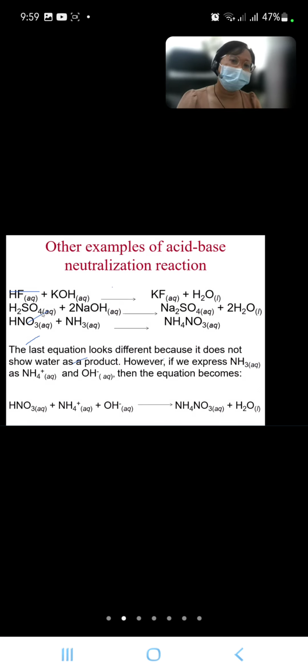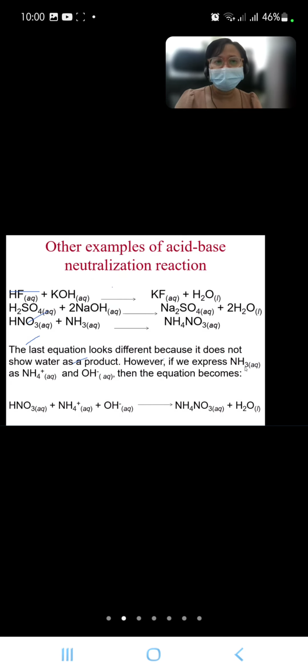Sulfuric acid is a strong acid reacting with a strong base, so it will also produce sodium sulfate and water. Nitric acid, which is a strong acid, with ammonia as a weak base, will form ammonium nitrate. So the last equation looks different because it does not show water as a product.